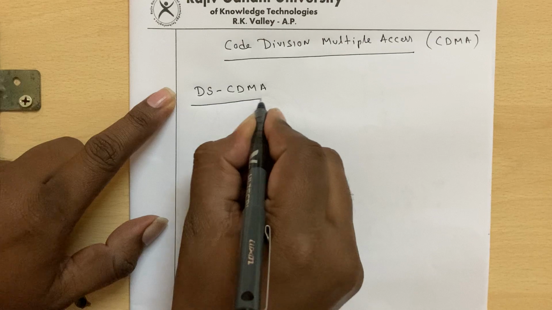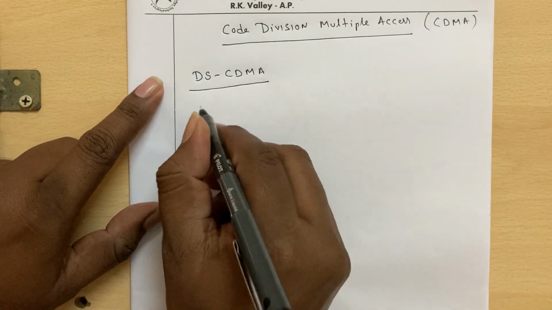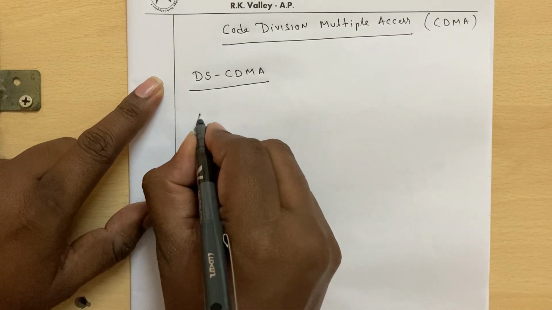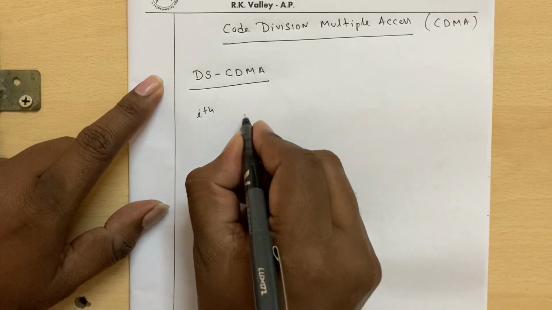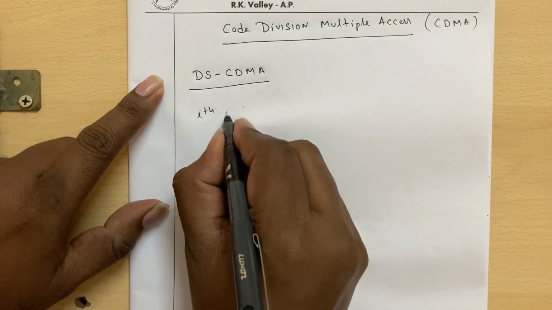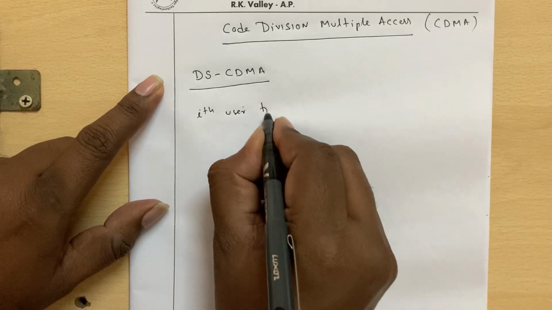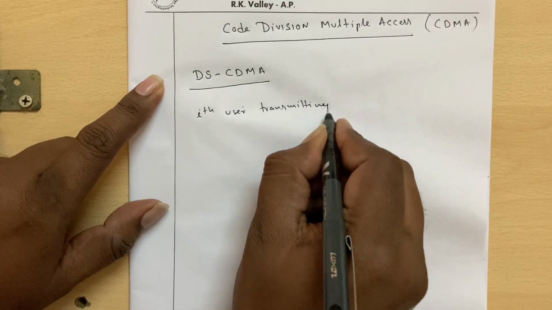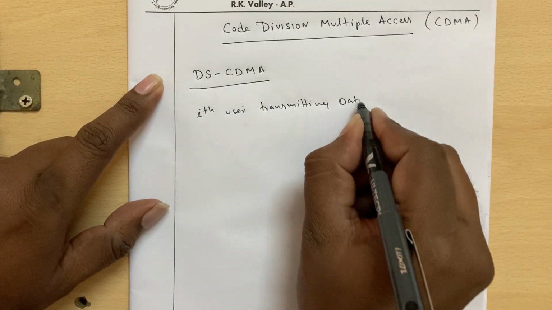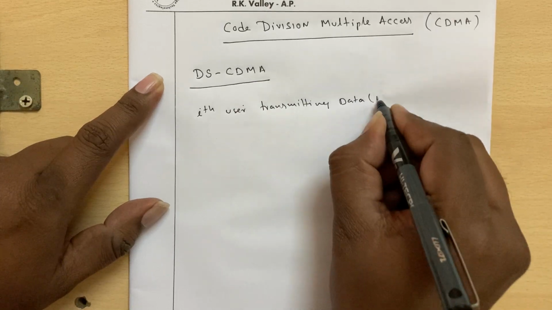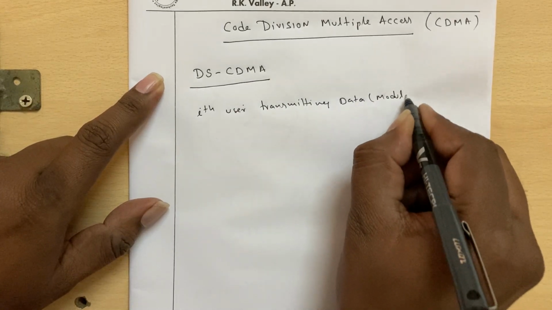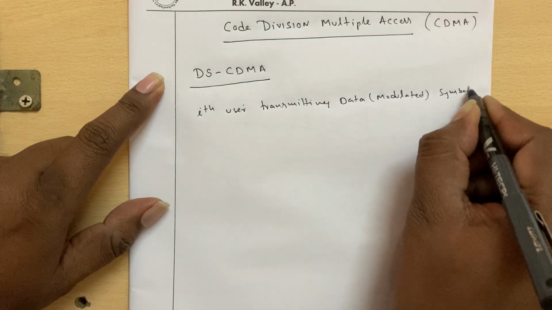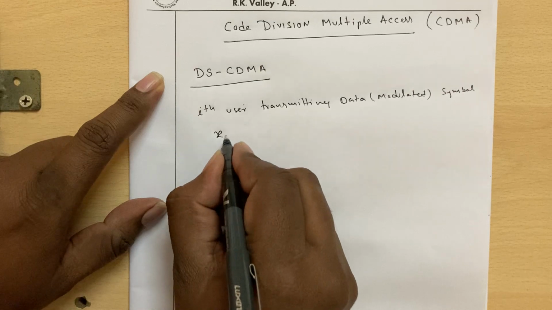In direct sequence CDMA, different users have different data to transmit. Say the ith user is transmitting a data symbol, or modulated symbol, that depends on the constellation, x_i.